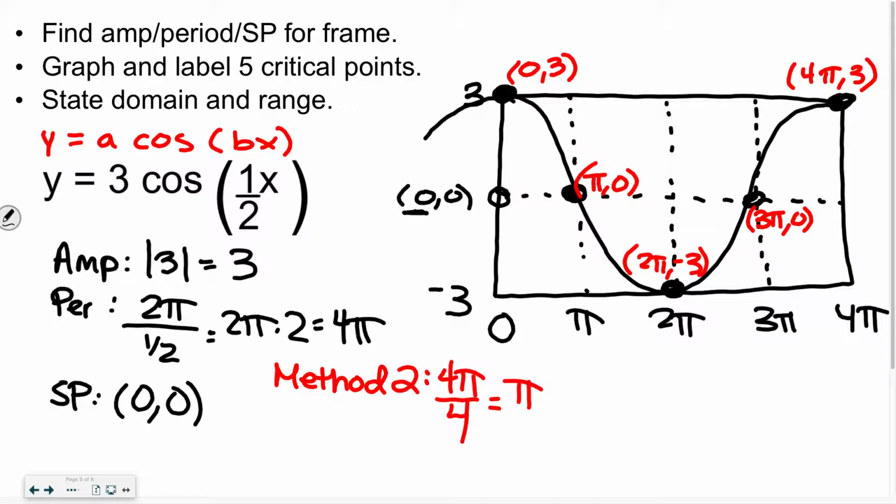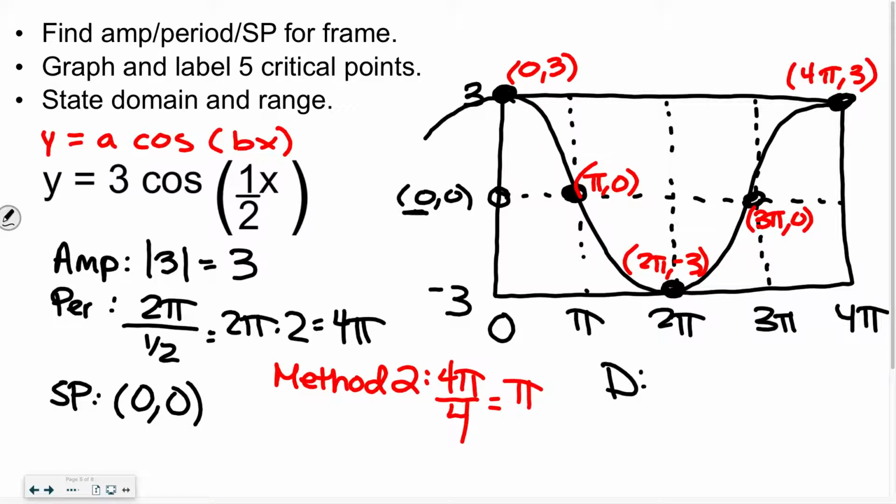So that's labeling the 5 critical points. Now those would be like 5 points that you could have generated in a table of values to help you graph the cosine. But you could imagine, how would we decide which x's to choose? That would be really hard. So there's another benefit of the framing method: if you just break it up, here's some easy points to evaluate. Okay, and then you could graph them.